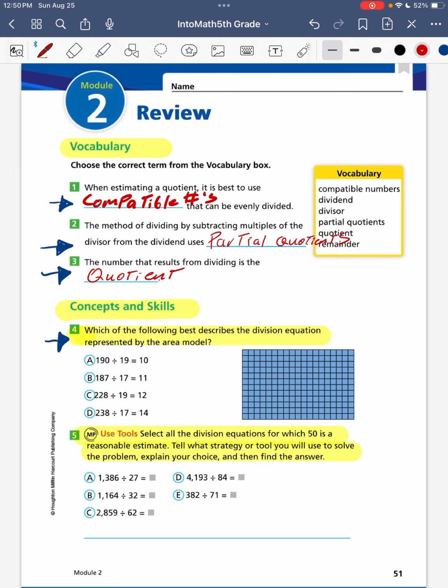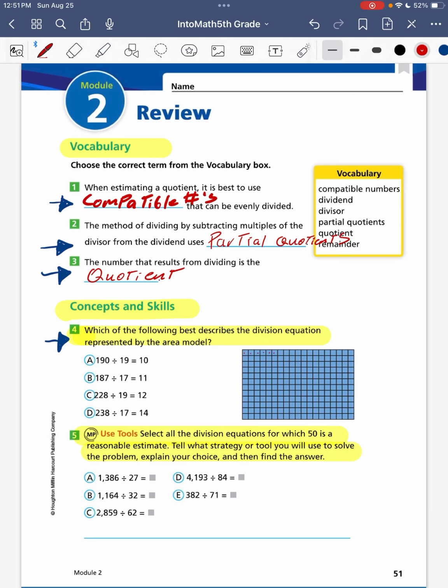Number 4, which of the following best describes the division equation represented by this area model? For this, we're going to count up all the squares going lengthwise and all the squares going widthwise to find out how many total squares there are and which of these problems best represents it.